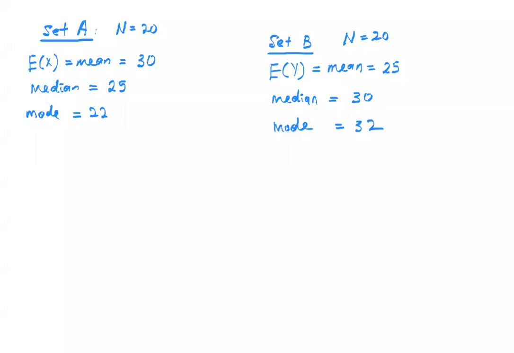Can I say that the 10 data which are more than 25 are way above 25, compared to those 10 data which are less than 25? They are quite near 25. That's why they pull the mean up. Can I say like that?